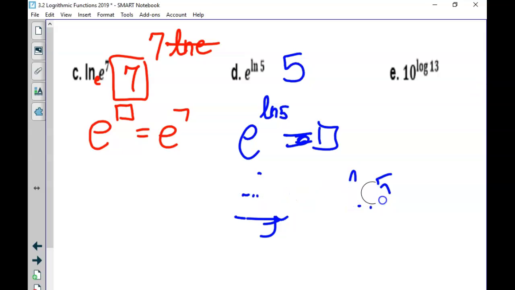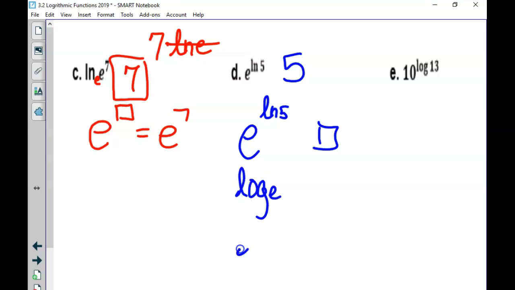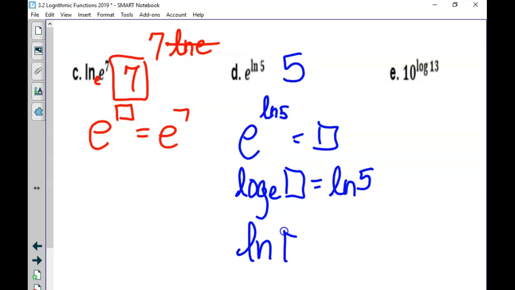Anybody need me to go back over that? Let me fix it for the notes slides. Log base e, which is really ln, of something equals ln of 5. So this is ln of something.